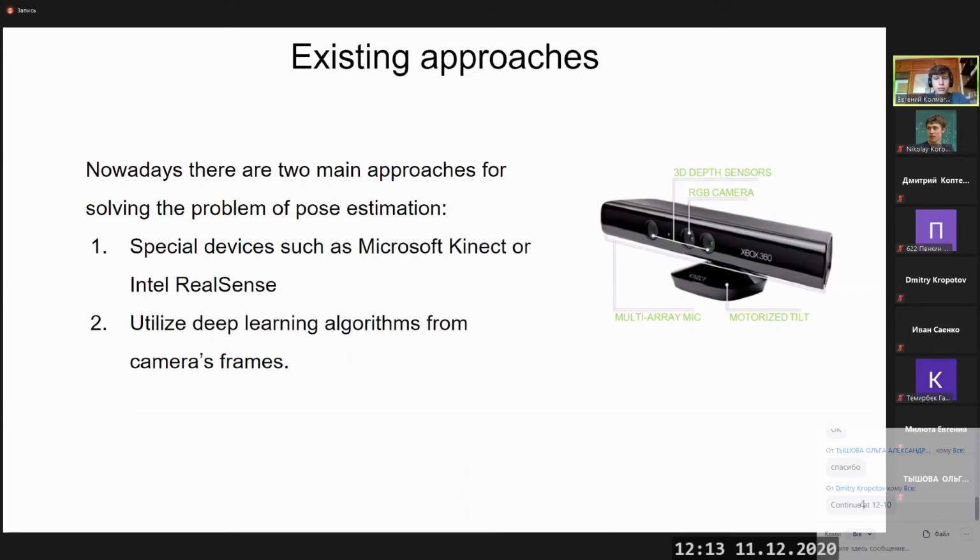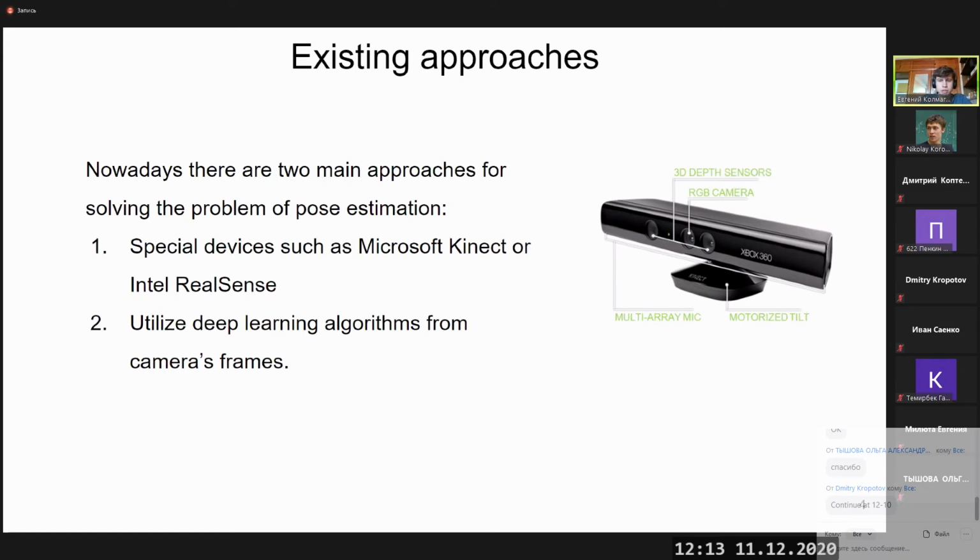Nowadays, there are two main approaches to get pose estimation. The first way is to use special devices and hardware like Microsoft Kinect or Intel RealSense.